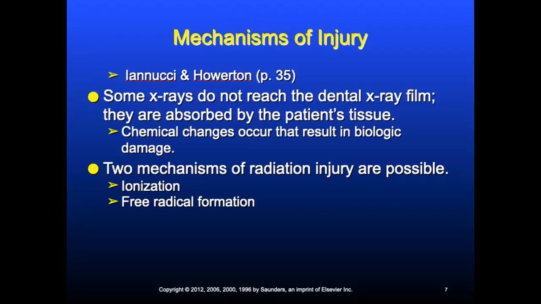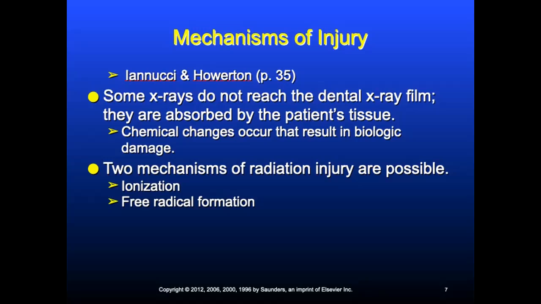So there are two mechanisms of radiation injury that are possible. The first one is ionization, which we just talked about. Another one is something called free radical formation. So ionization results from, as we know, when the X-rays strike the patient tissues.